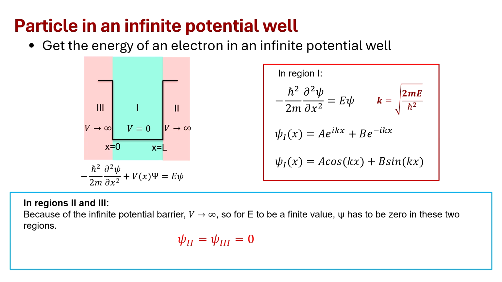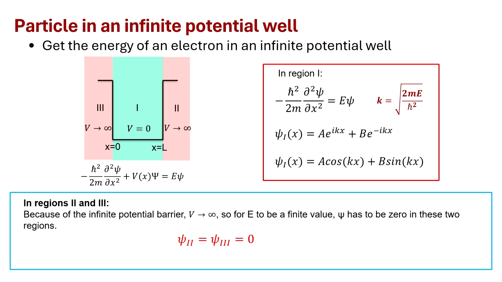So, the wave function will exist only within region 1. It will terminate at the boundaries of region 1 and 2 and region 1 and 3. So, the wave function will not exist in regions 2 and 3. In region 1 we can write minus h cross square by 2m into del 2 psi by del x2 is equal to E psi, and k we know what it is, it is square root of 2mE by h cross square.